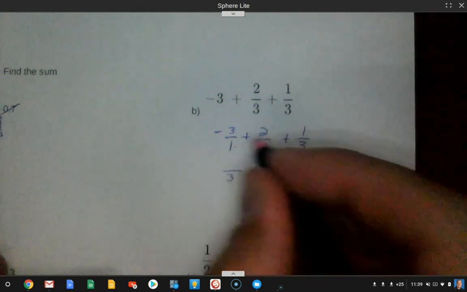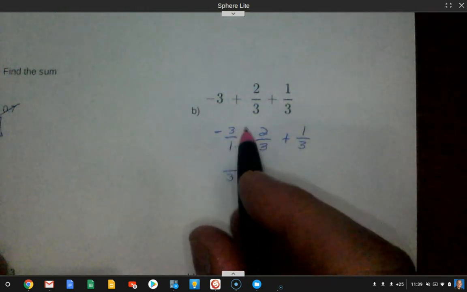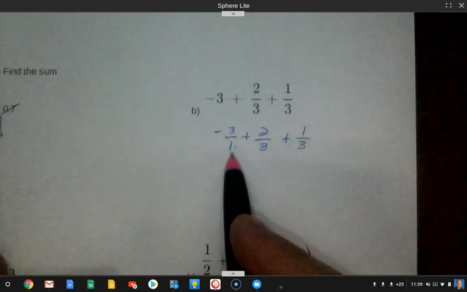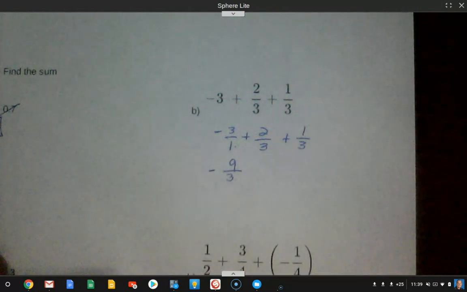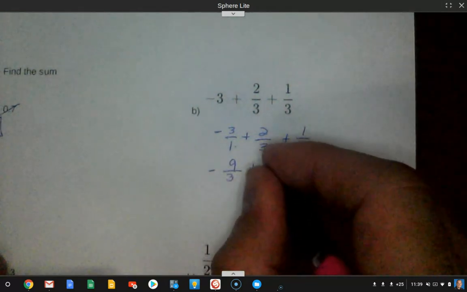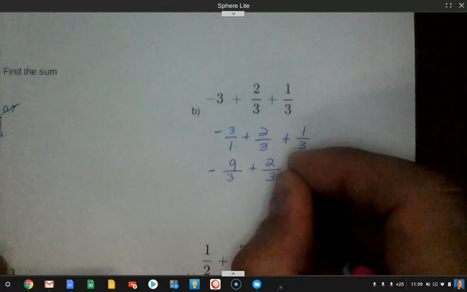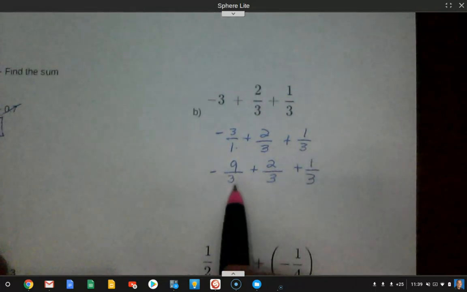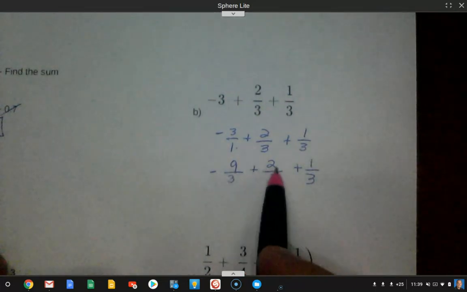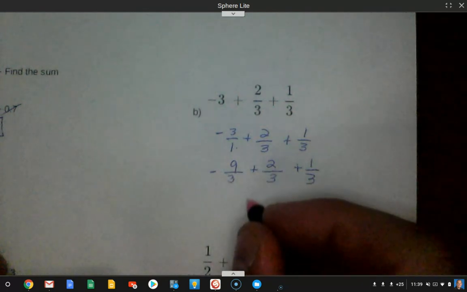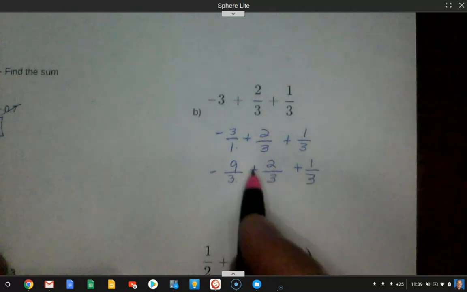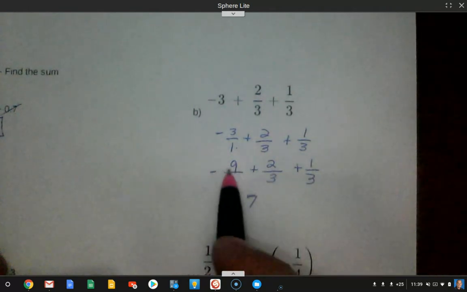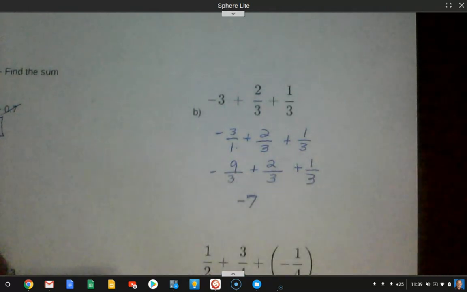Then I multiply 1 times 3 to get 3. 3 times 3 is 9, so negative 3 over 1 can be written as negative 9 over 3. Now I'm going to add. So negative 9 plus 2. Different signs subtract. So 9 minus 2 is 7. Keep the sign of the larger number. Obviously 9 is bigger than 2, so I'm going to keep the negative.